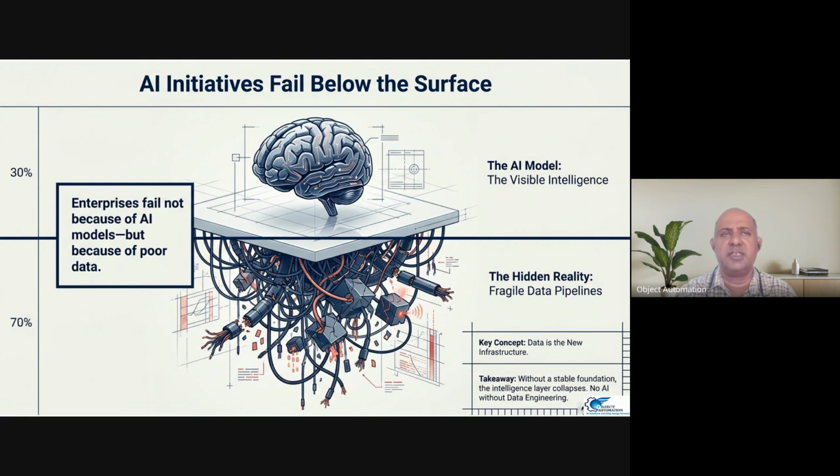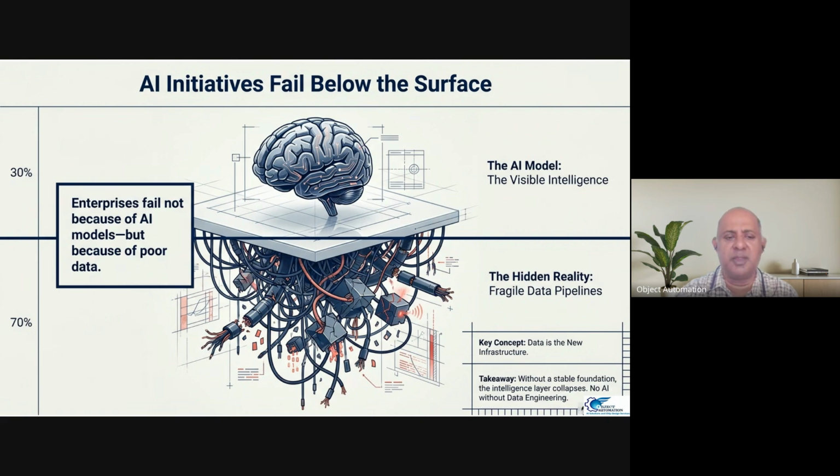That infrastructure has to be stable, so we can say no AI without data engineering. Currently we are getting many Gen AI, agentic AI, deep learning, and machine learning models. We cannot perform these things without data engineering. Data engineering is an essential part of AI.